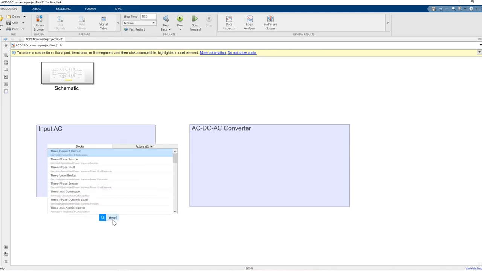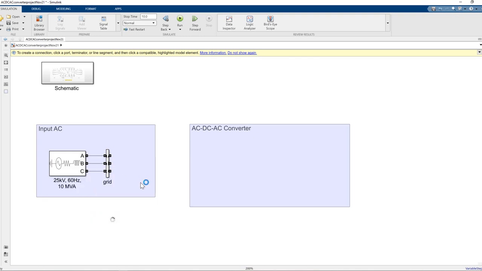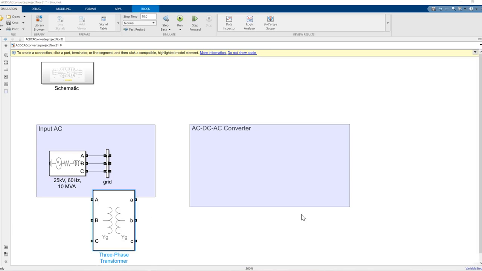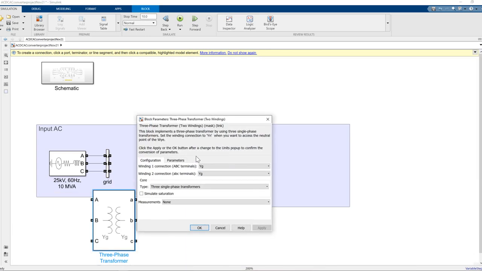And then the final one we have the transformer, Y-D for example, and we can choose this one into the delta, for example, and this is one. Okay.